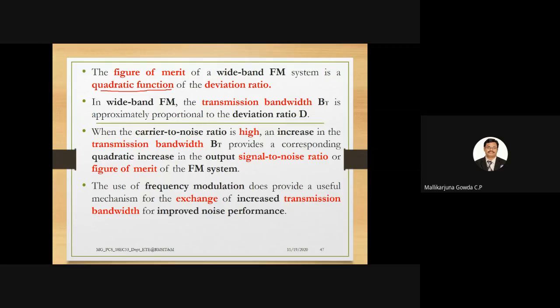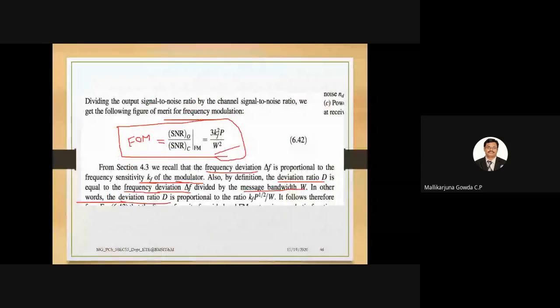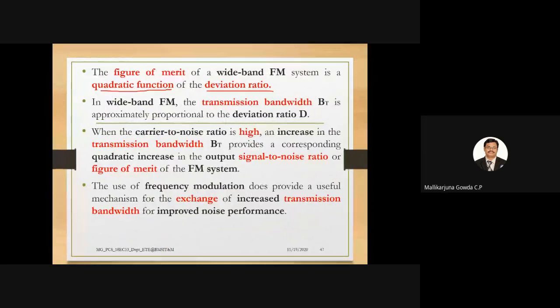The deviation ratio is delta f divided by W, so W squared is there. And delta f is proportional to the frequency sensitivity. So we say the figure of merit of the wideband FM will be a quadratic function of the deviation ratio. In case of wideband FM, the transmission bandwidth is approximately proportional to the deviation ratio. I think this also we have discussed.